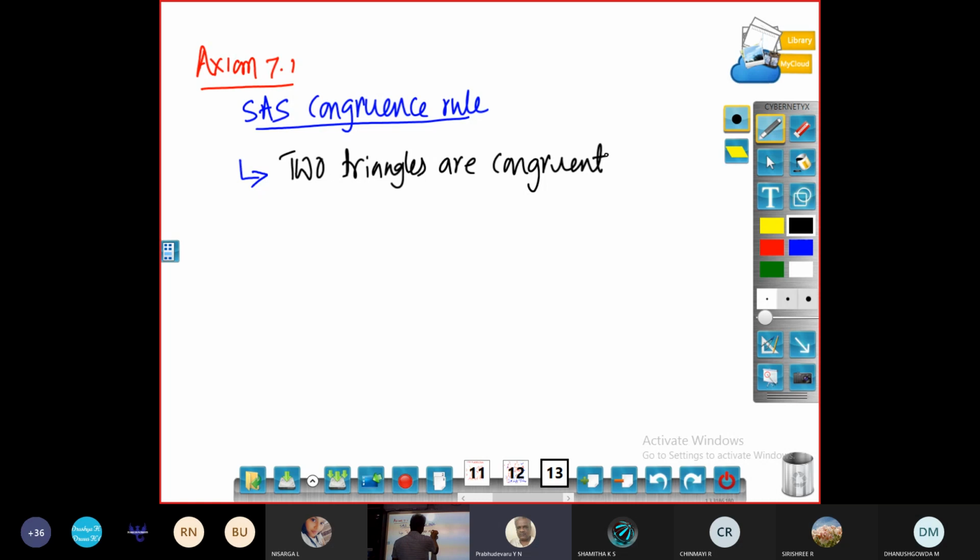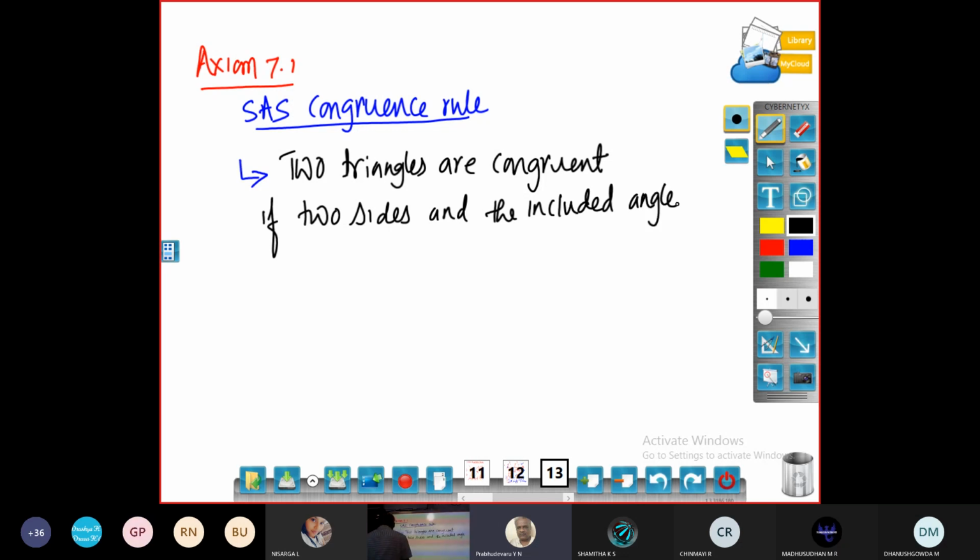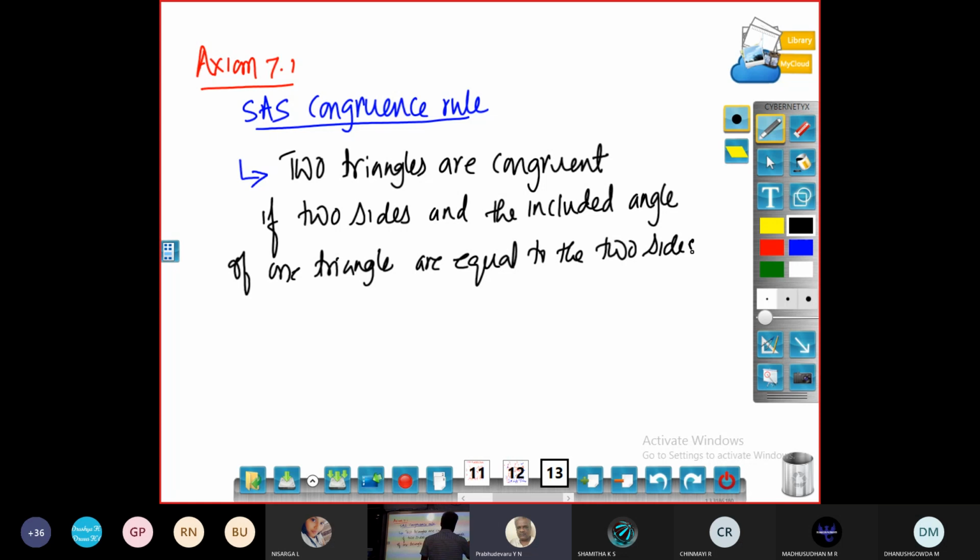Two triangles are congruent if two sides and the included angle of one triangle are equal to the two sides and the included angle of the other triangle.